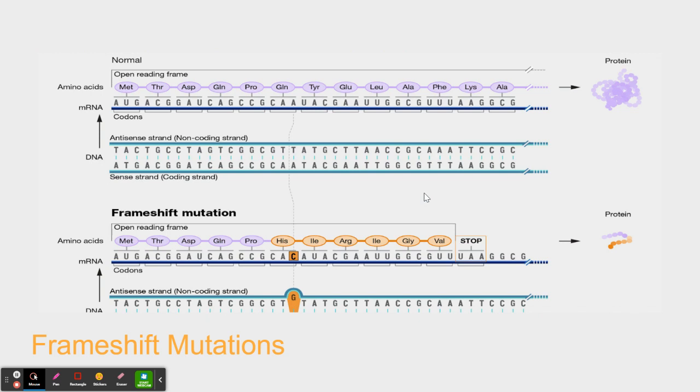And we can see here we have the final one, which is called a frame shift mutation. Now, frame shift mutations are way more drastic because they involve entire portions of the genetic code. It could be portions of a chromosome, it could be multiple nucleotides, or it could be a full gene that is accidentally mistaken.